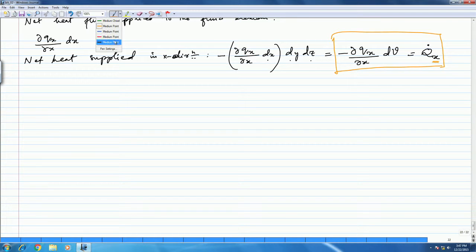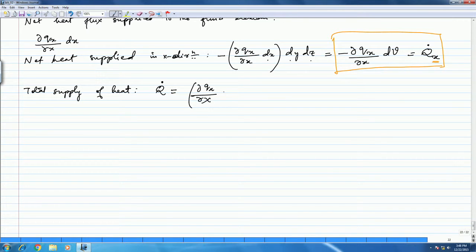So therefore, total supply of heat is essentially q dot, which is equal to del qx del x plus del qy del y plus del qz del z times the volume.